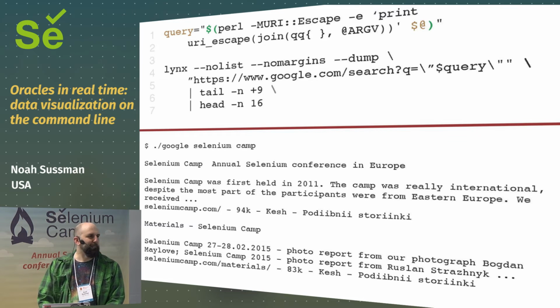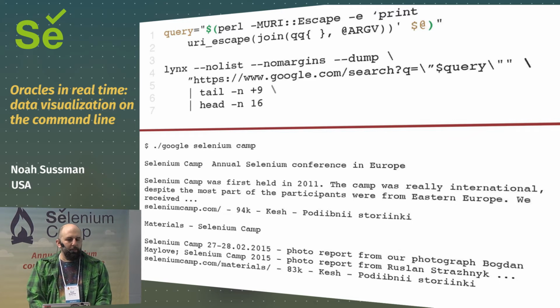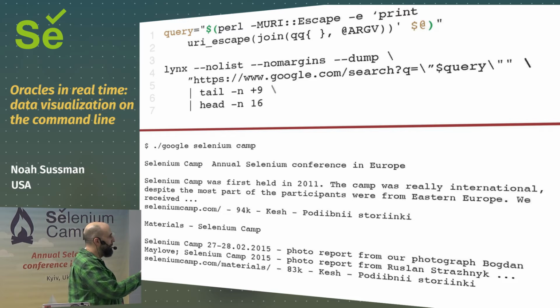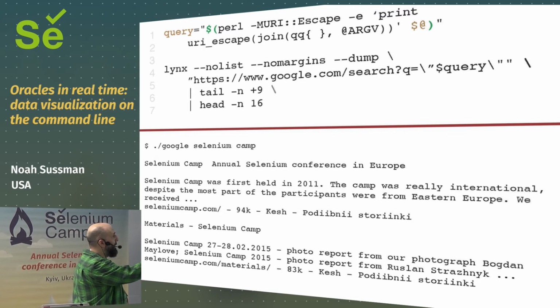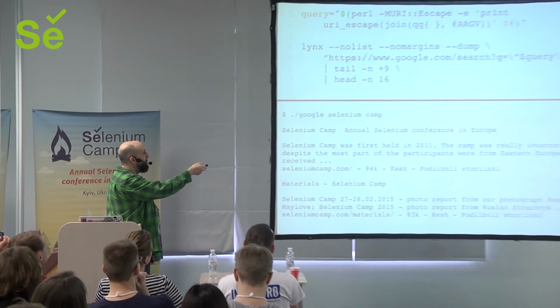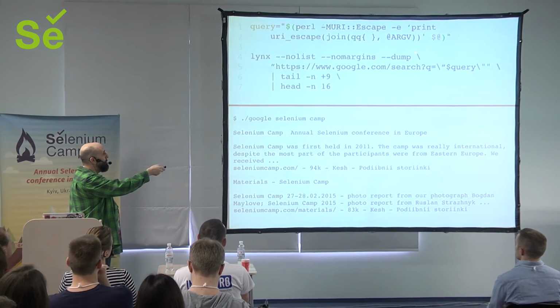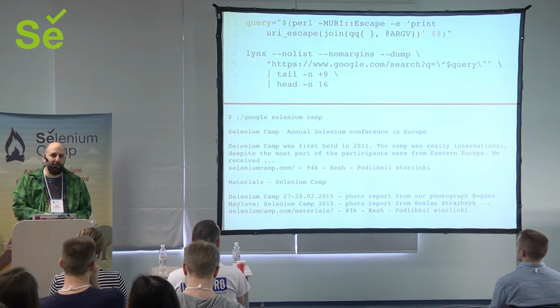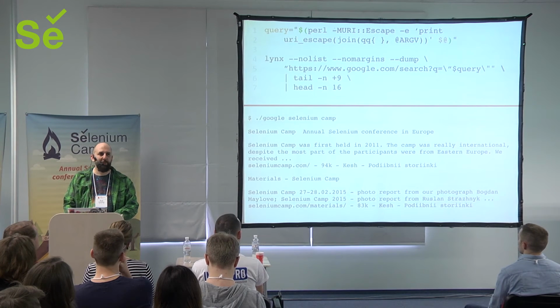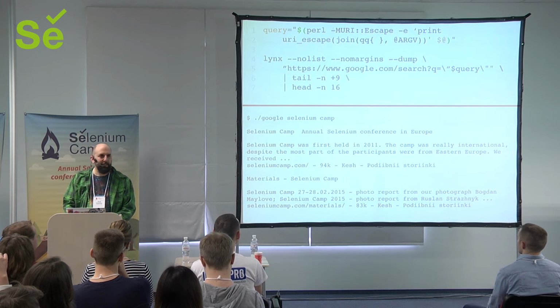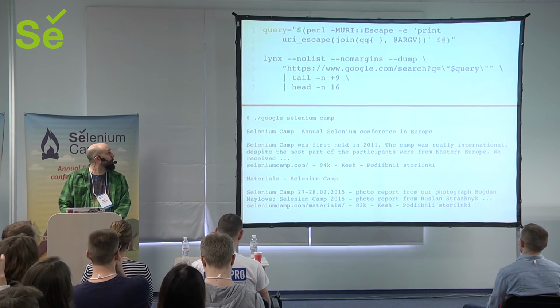So now let's talk about links. This is the magic with links. The dash dash dump argument. Dash dash dump turns links from a really ancient museum piece of a web browser to a really powerful web scraper.